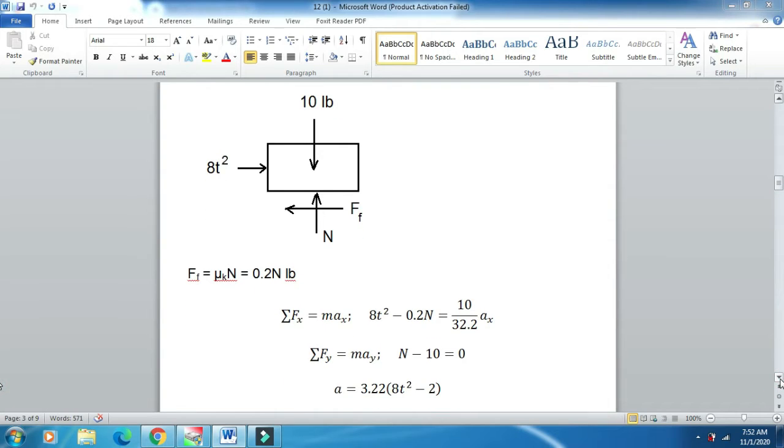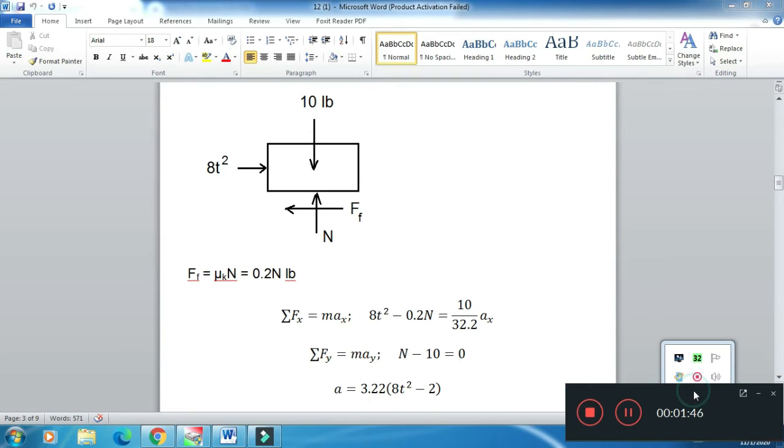Then we sum the forces in x direction. In x direction there is applied force 8t square, and there is friction force which is 0.2 n. This will result in acceleration. So mass is 10 over 32.2 multiplied by acceleration in x direction.